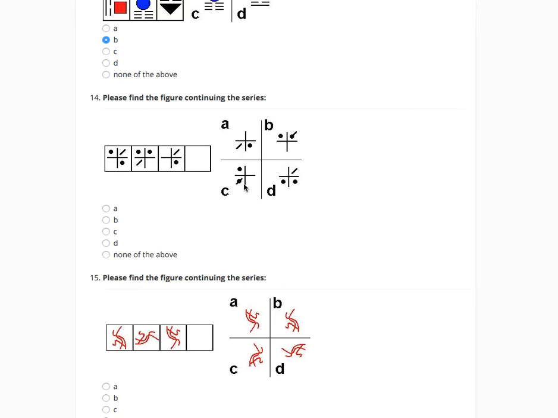But what about the dots here, right? We found the stick, but which one of the dots? So it looks like this dot is traveling clockwise, and then this one is traveling diagonally, just like the stick does, right? But in the opposite, in the second diagonal here.